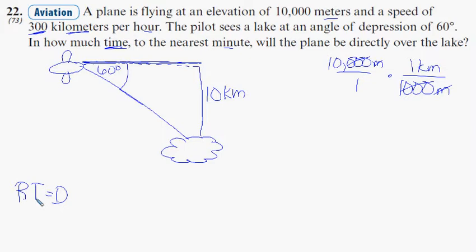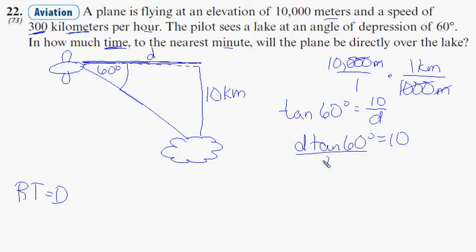And which trig function do we need to use? Well, do you see that we have the opposite over the adjacent? So let's go with the tangent of 60 degrees is equal to 10 over our distance. We'll just call this D here. You've done this often enough, I'm hoping you get this, but you see we have D tangent of 60 is equal to 10, right?